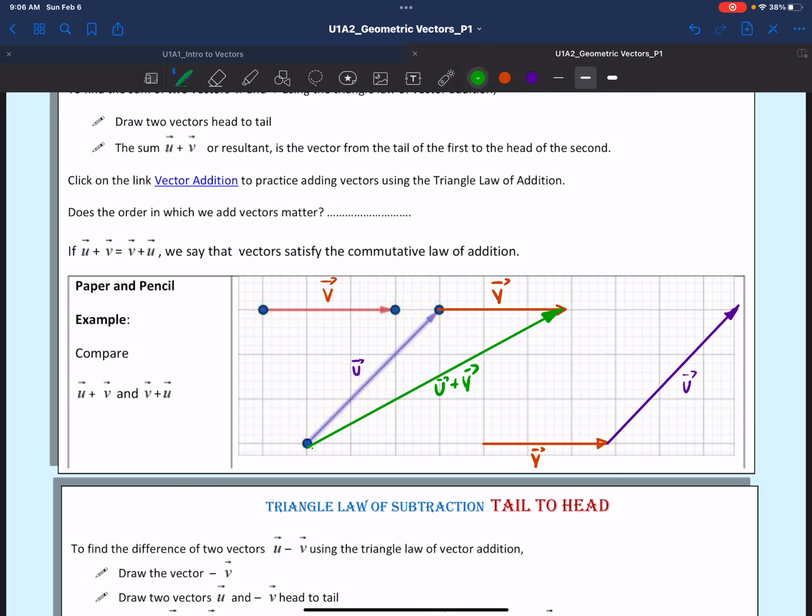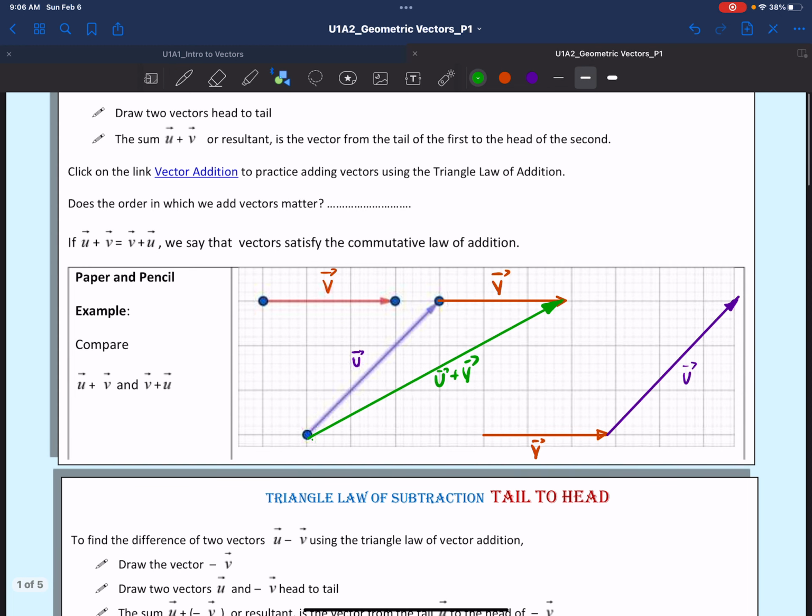And now the resultant vector will be the one that connects the tail of vector v, the starting vector, with the head of vector u, that vector that is added to the first. So here we go. This would be the resultant vector v plus u this time.